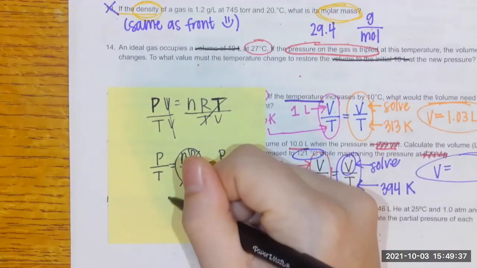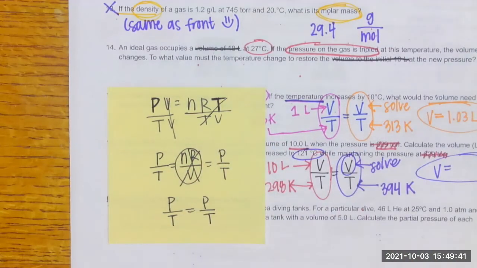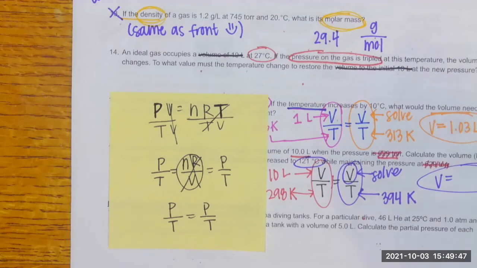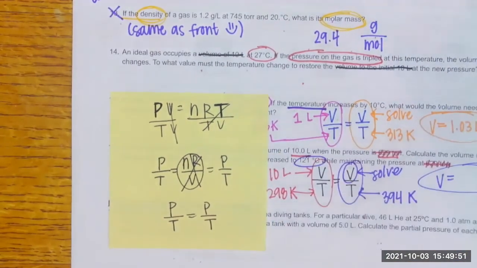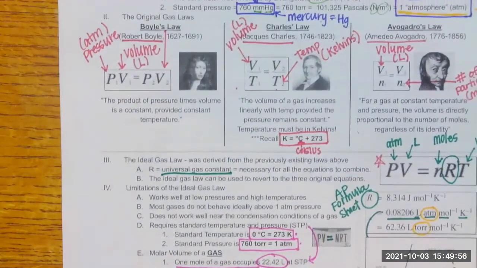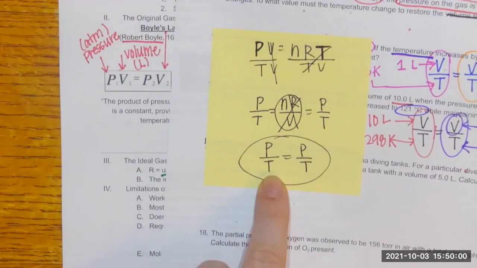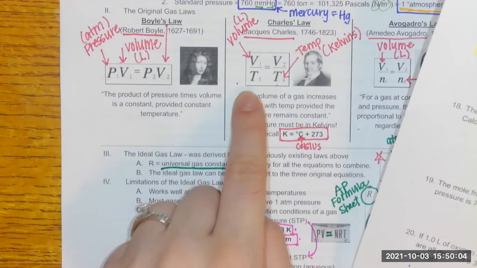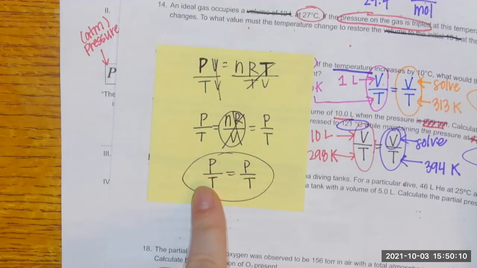P over T equals P over T. I like this version better than any other version because this is an example where there actually isn't necessarily a law that combines P and T. There's P and V, there's V and T. You'd have to put these together, substituting the V in order to do what we just did pretty simply.